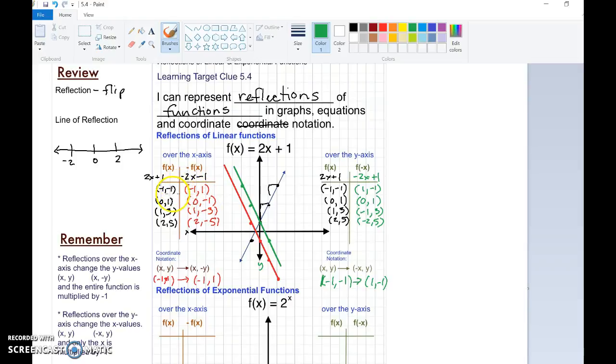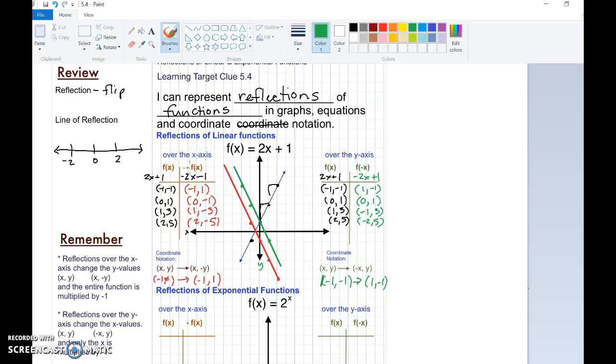If it was a negative 1 for y, the reflection was a positive 1 for y. If it was a positive 1 for y, then the reflection was a negative 1 for y, and so on. Because the y value is represented by f of x, we were basically taking the negative of f of x, or the opposite of f of x.